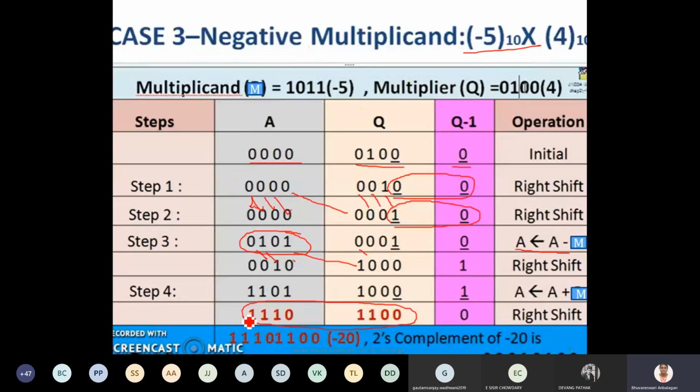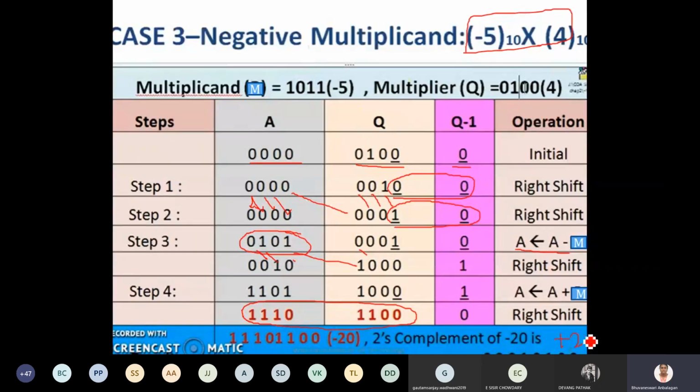Okay. So just remember one thing. Whenever you are performing a multiplication where one of the numbers is a negative number, you have to verify the answer. How will you verify the answer? You simply take the 2's complement of the result and check whether the result is plus 20.